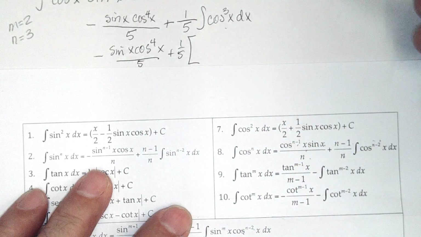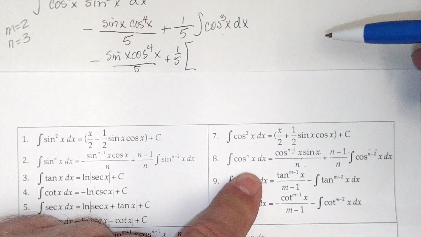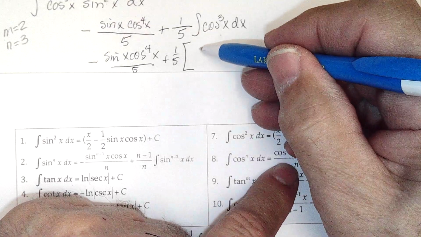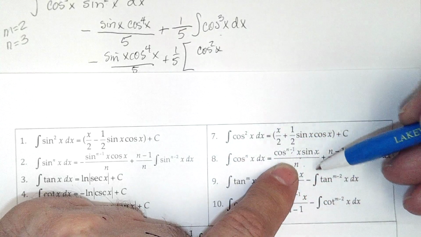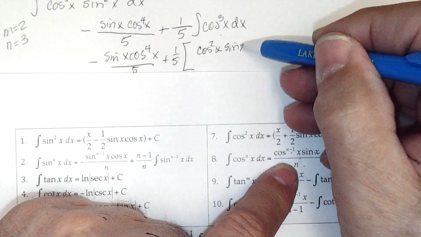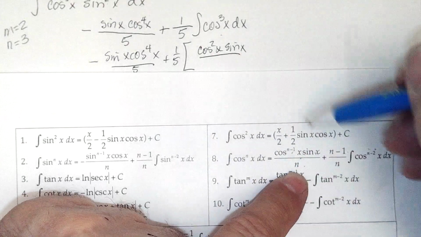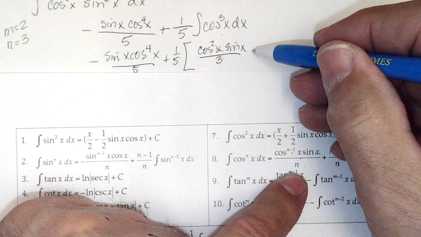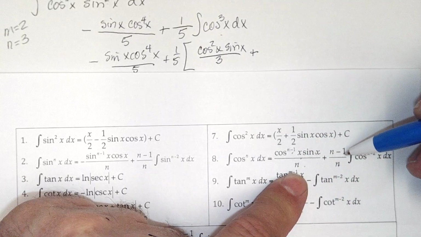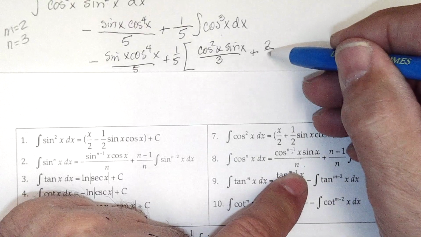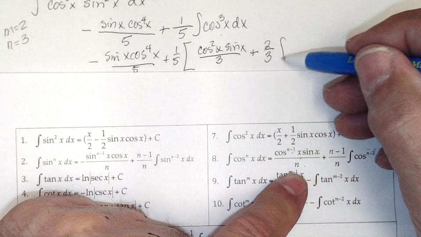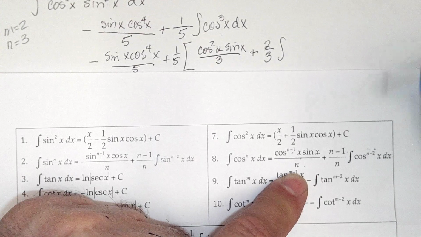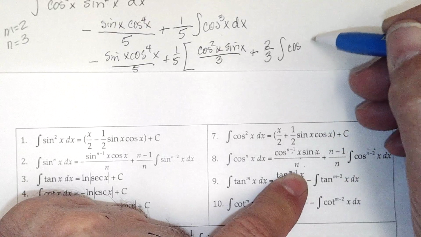And if I use this one, n is 3. So 3 minus 1 is 2. So it's cosine squared x sine x over n, which was 3, plus 3 minus 1 is 2 over 3, integral of 2 less than the cosine to the third is just cosine x.